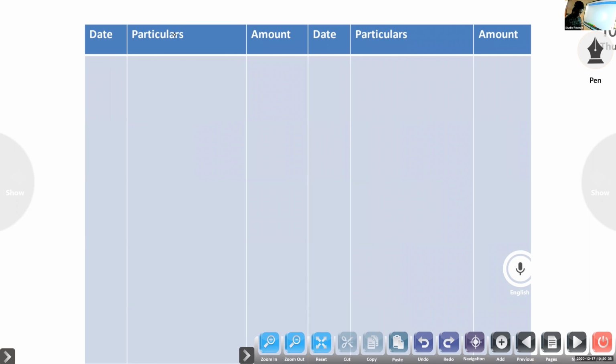On 1st January 2010, a company purchased a plant for rupees 60,000. On 1st July in the same year, we purchased another plant and installation, 2,000, no problem.